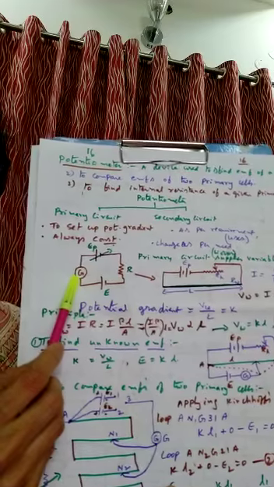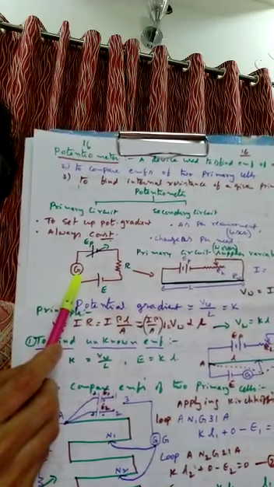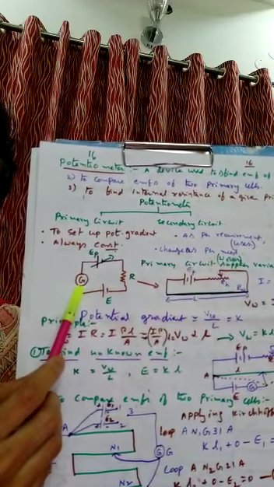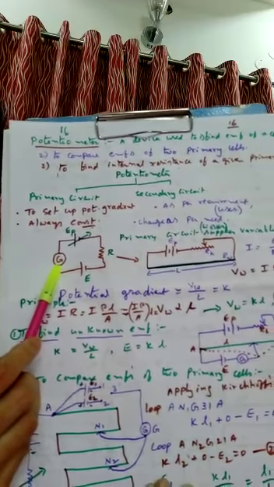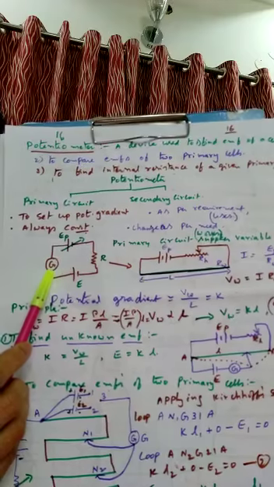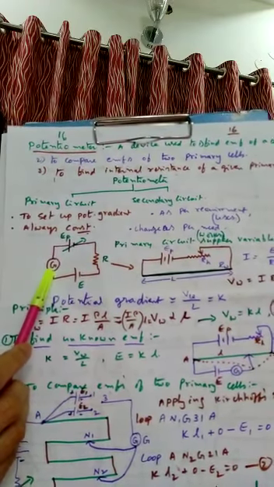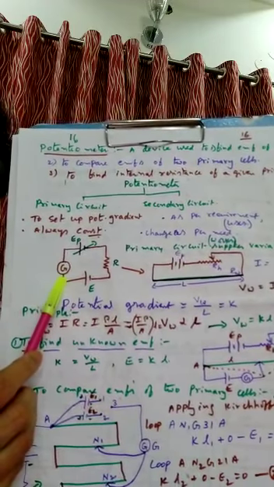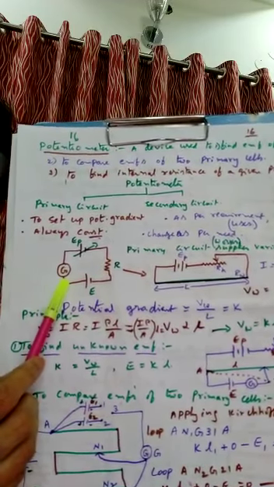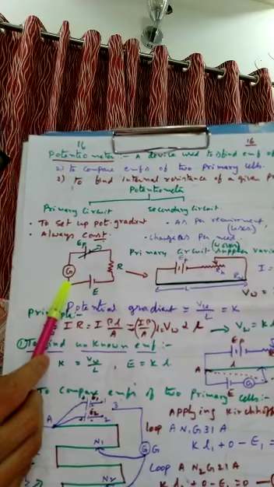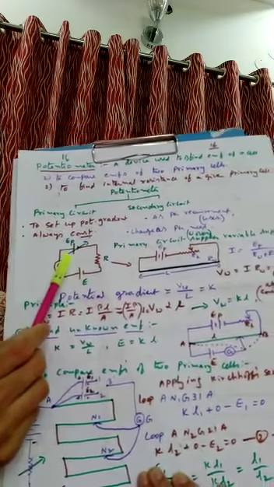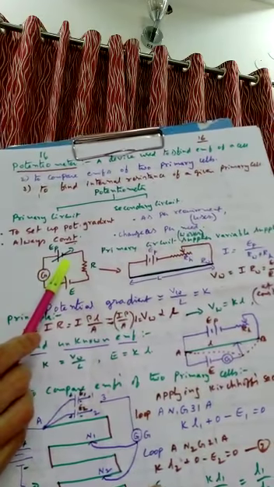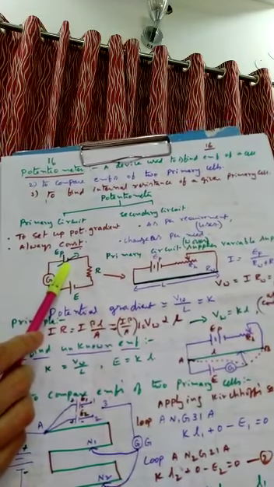What is a galvanometer? It is a very sensitive device used to measure the current, also to know the direction of flow of current. That is the use of galvanometer. So what I will do? I just go on increasing the EMF of this battery.